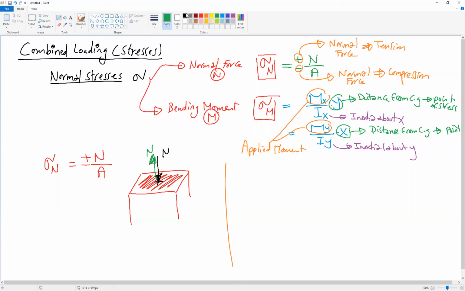So if it is pushing the section, it will be compression, and the sign will be a negative sign.